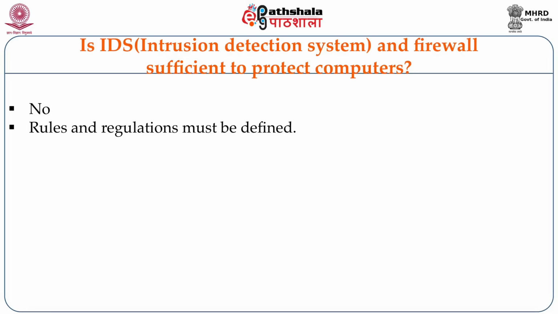But is only putting a firewall or only putting an IDS sufficient? No. Certain rules and regulations also need to be defined and identified. That is why I said the security plan identifies and organizes the security activities for a computing system.